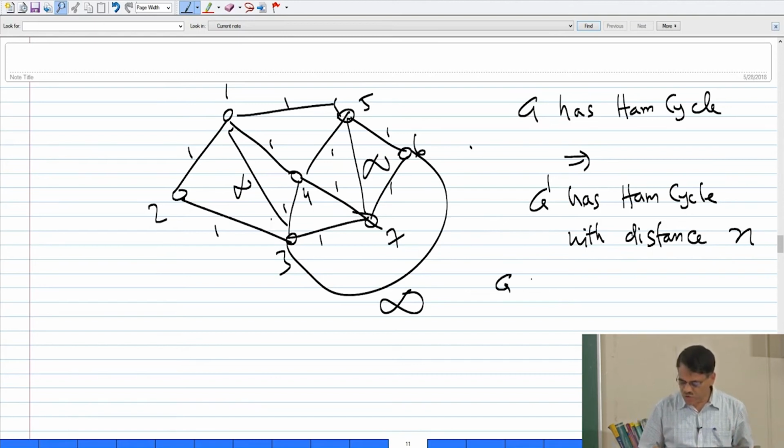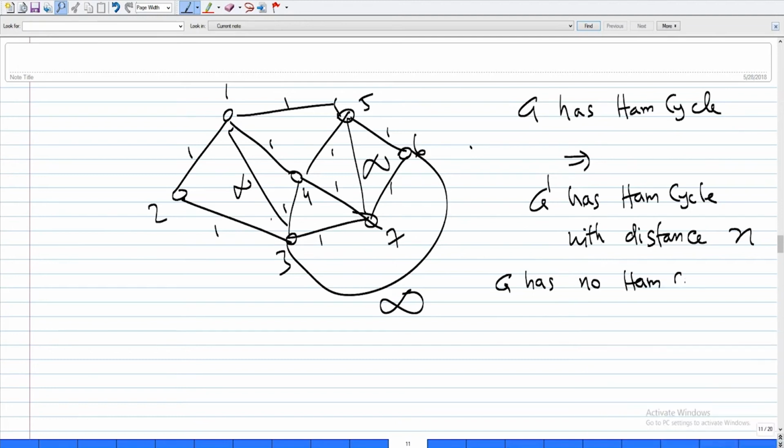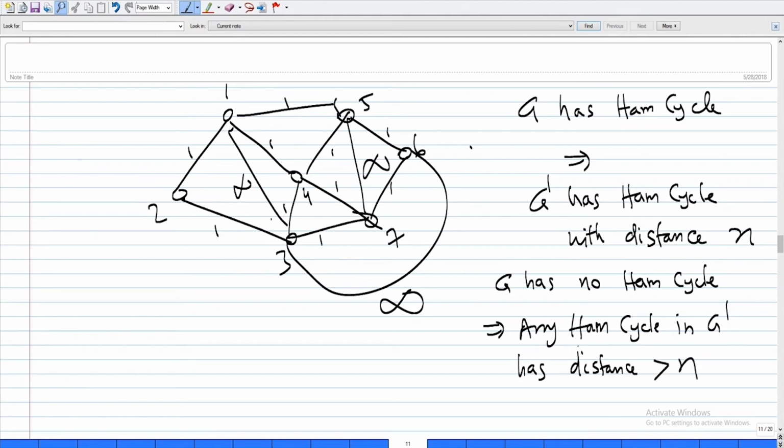And if G has no Hamiltonian cycle, it implies any Hamiltonian cycle in G prime has distance greater than n. Why? Because first of all, any Hamiltonian cycle has n edges. There are n vertices, so it should have n edges.